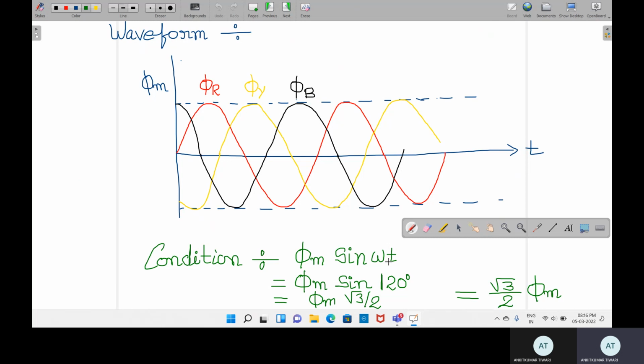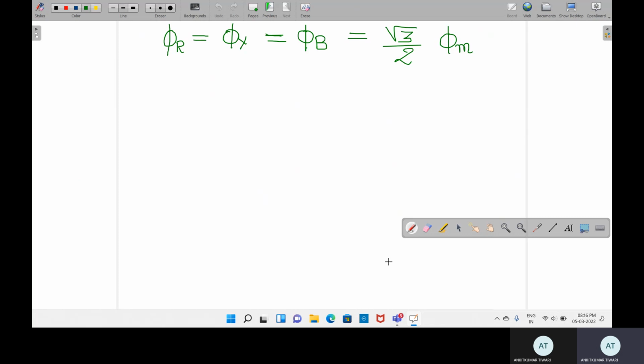So phi r equals to phi y equals to phi b equals to under root 3 by 2 phi m. We will keep these conditions in our mind. Okay, so let me draw it properly. It is under root 3 by 2 into phi m.